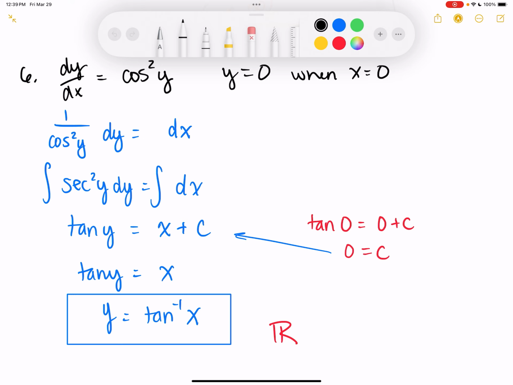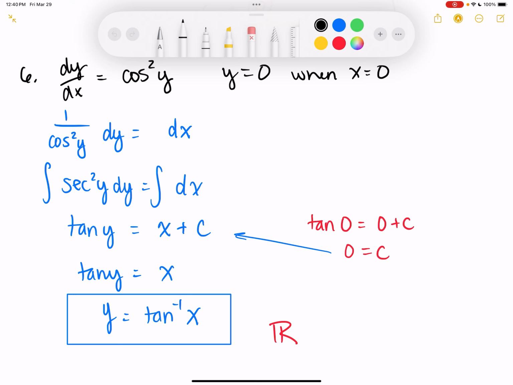Inverse tangent of x. And I think you're going to want zoom trig when you set it up. So that's what that graph looks like, okay?